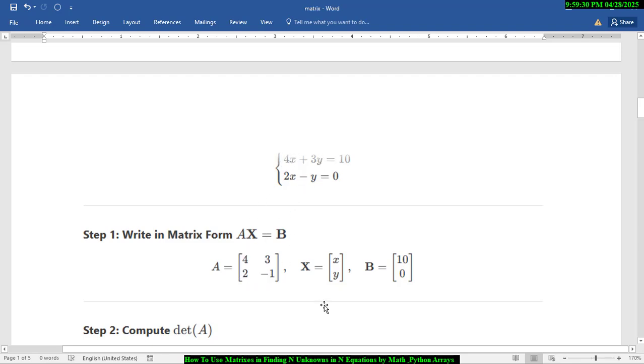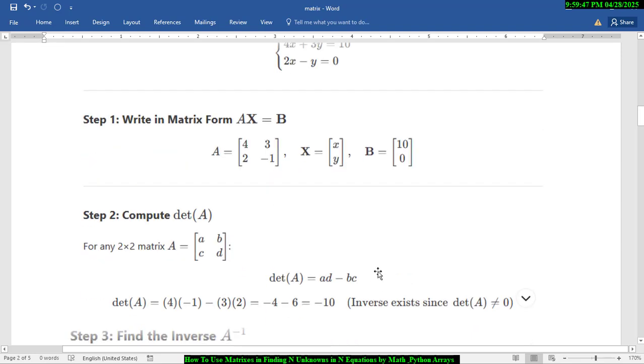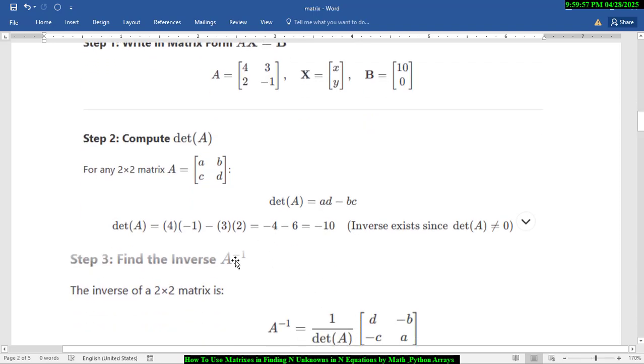Okay, and we have the unknowns x and y, which is the X matrix, and we have the constants or the right hand side which is b: 10 and 0. Okay, so we have three matrices or three arrays. So the first array, which is A, determinant of A equals AD minus BC. This is the determinant of A. Okay, then calculate A minus 1.